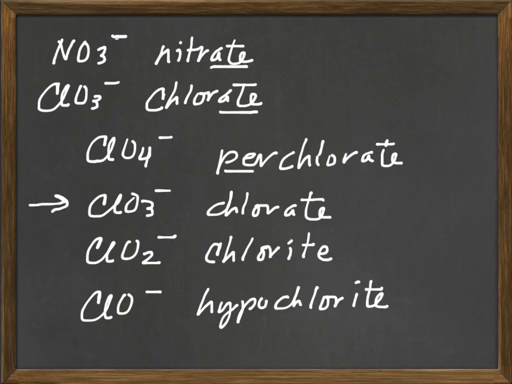So we've got these, there's a prefix and a suffix. A hyper person, do they have more energy or less energy than a regular person? They have more. Hyper, or per for short, means more. Hypo is less, hyper is more. Perchlorate has more oxygen than chlorate. So there's this pattern going on here.